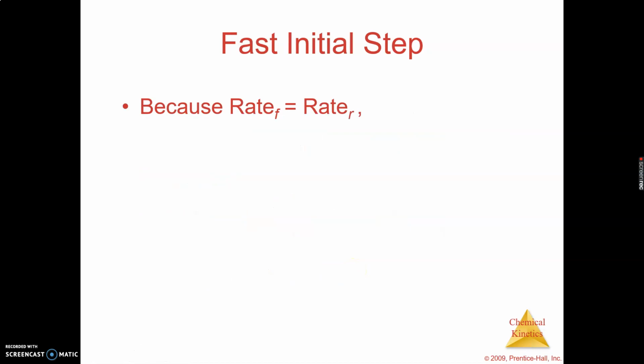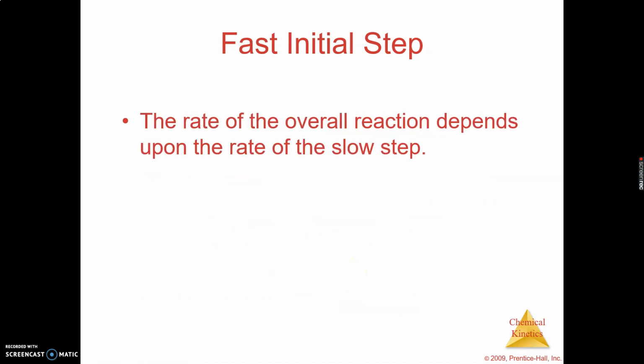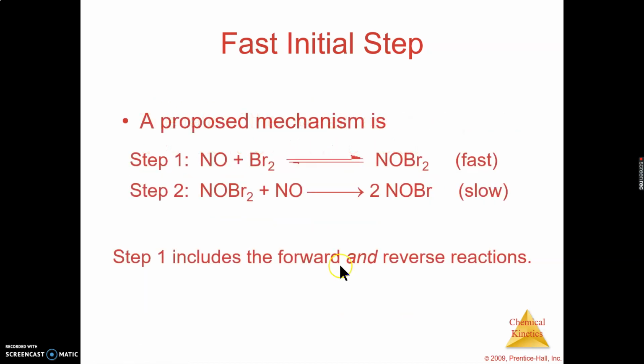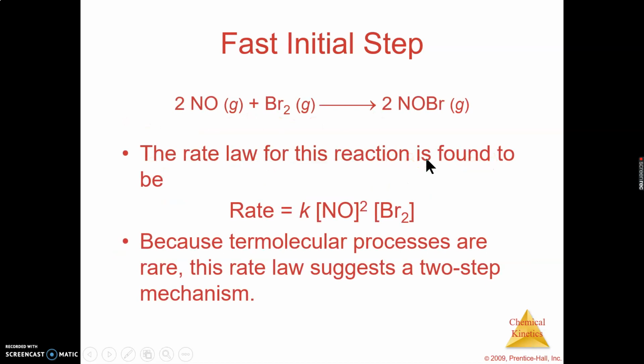Let's go back and let me show you the shortcut. This is all we have to know. If we look at the data, the information we're given, and we see that the first step is fast, this is what you do. Use the coefficients from your master or overall equation as the exponents. When your first step is fast, you can pretend that this occurs in 1 step. It doesn't, but you can pretend it does when you write the rate law. And when I say that, what do I mean?